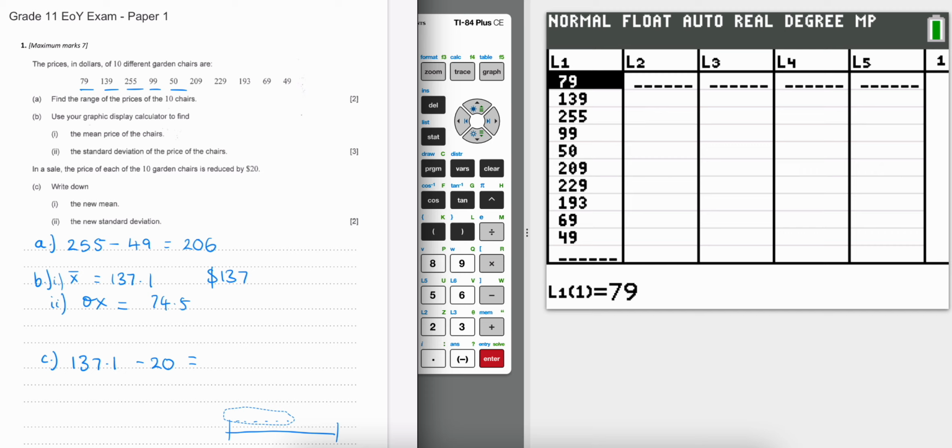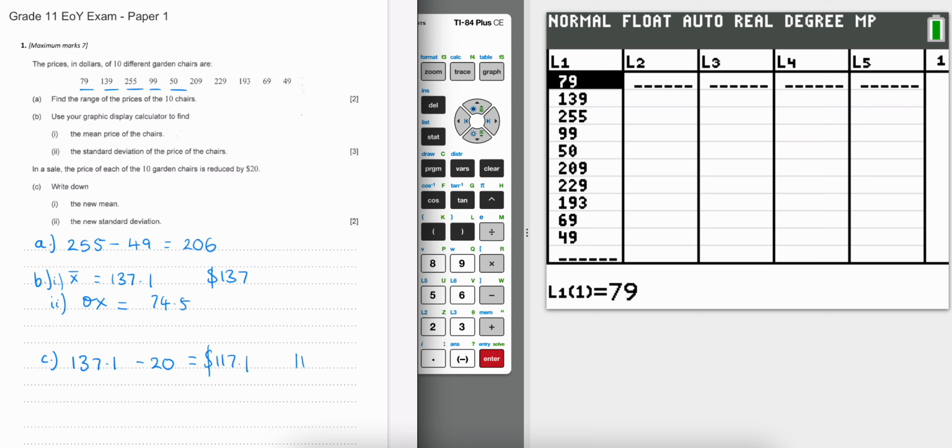And therefore the mean will just also be 20 lower. So that's all we need to do on that one. And that gives me a value of $117.1, or $117 to three significant figures.